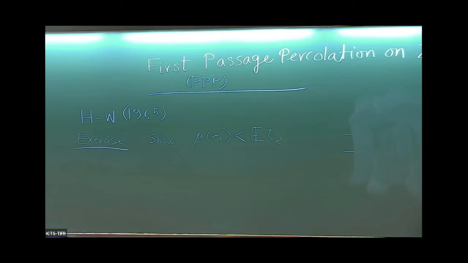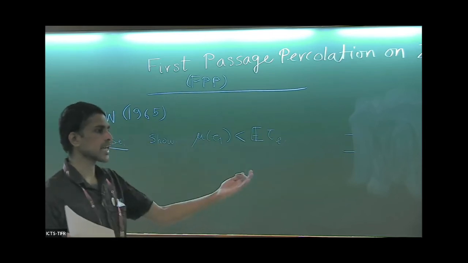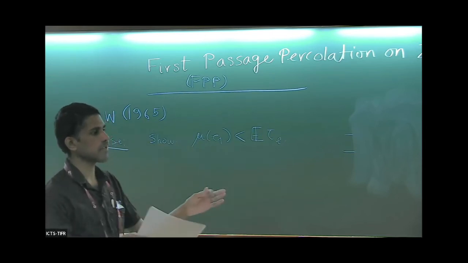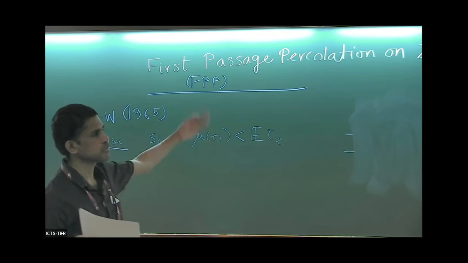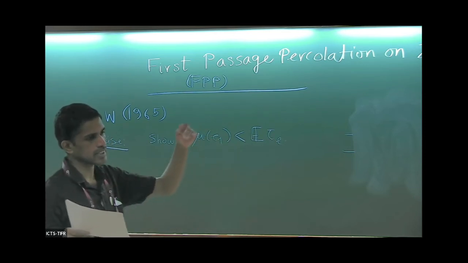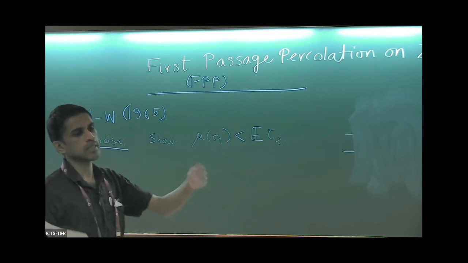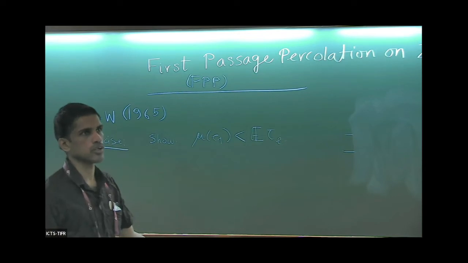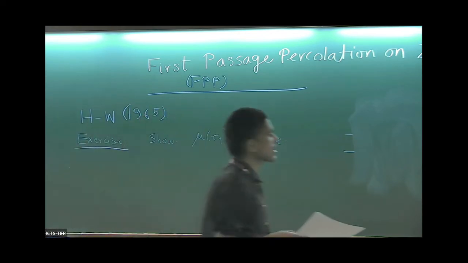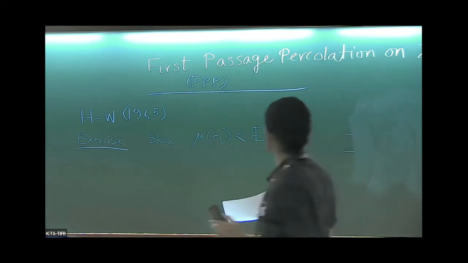So the idea is that if the mass of the atom at 0 of F is large, then mu e should be 0. But if it is small, then it should be non-zero. And how large exactly it should be requires a little bit of Bernoulli percolation.